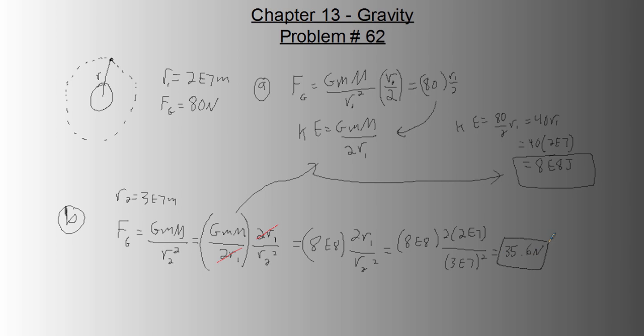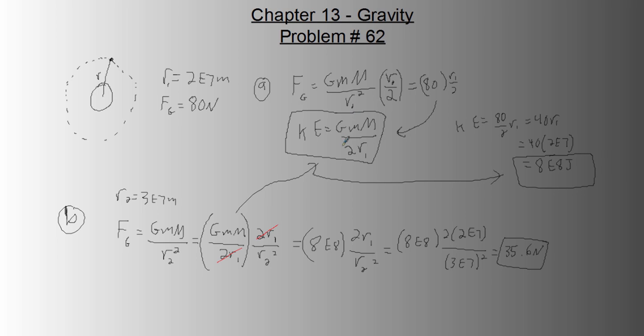So that should make sense, because the farther away you get, the weaker the gravitational force, and our new distance is farther away, so the new force, 35.6, should be weaker than the original force of 80. So that works out.